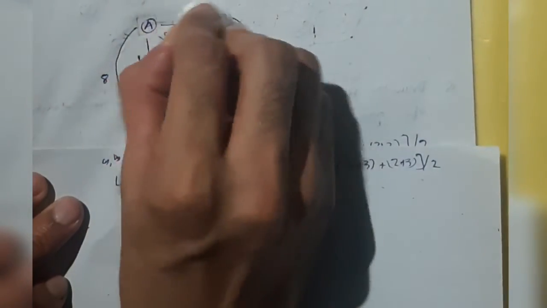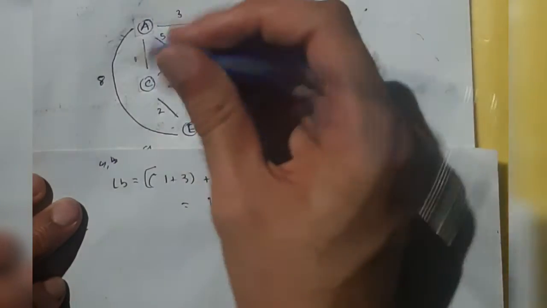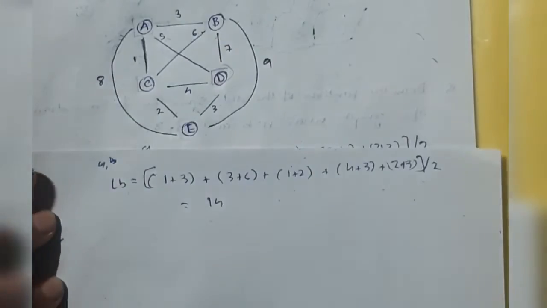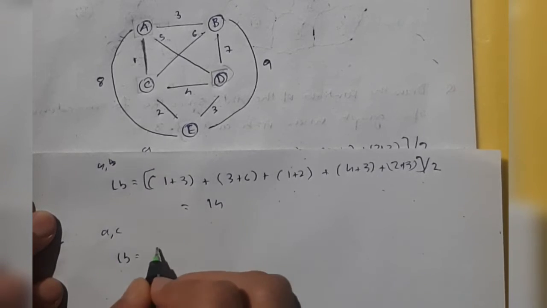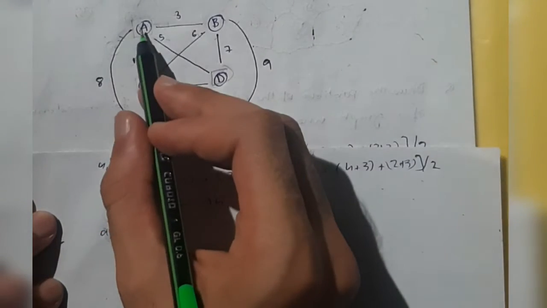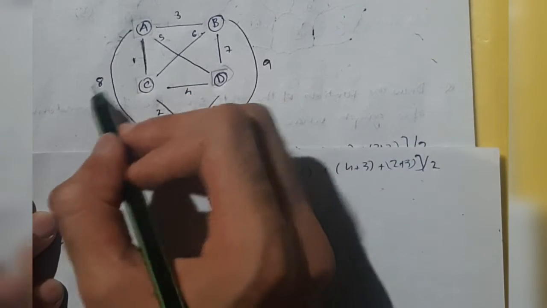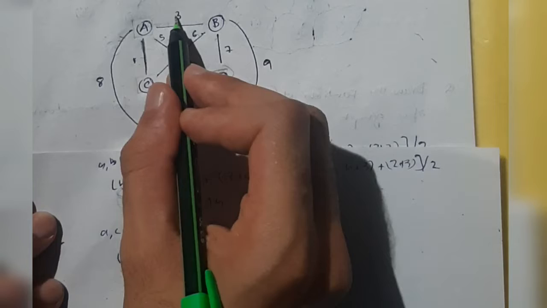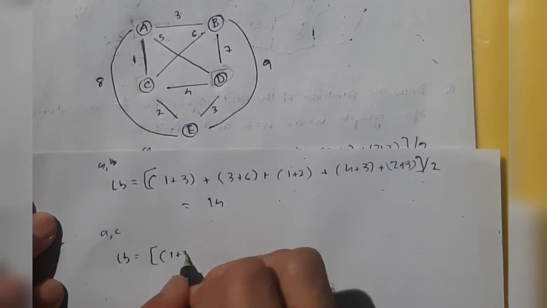The next possibility is AC. For AC, let's see how to do that. LB will be equal to, first one is from A. From A, this one edge is already selected. Then the next one is among 8, 5 and 3. The minimum is 3. So these two are selected, 1 plus 3.